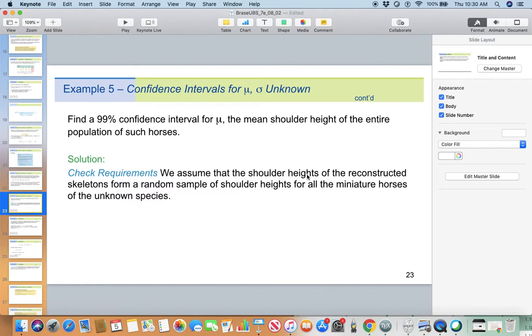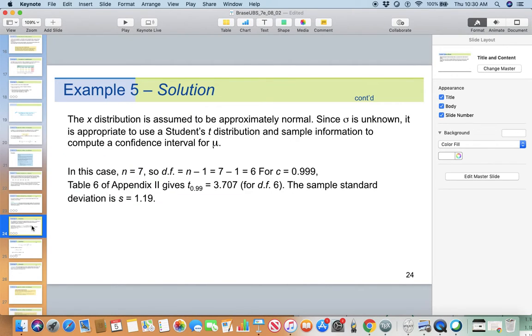We assume that the shoulder heights of reconstructed skeletons form a random sample of shoulder heights for all miniature horses of the unknown species. We are told that the x distribution is approximately normal. Sigma is unknown, so we need to use the Student's t distribution and sample information to compute a confidence interval.